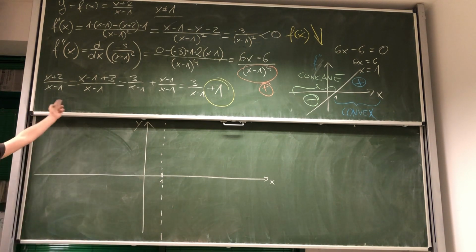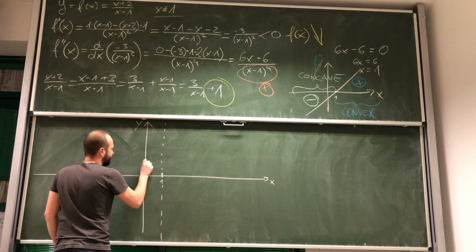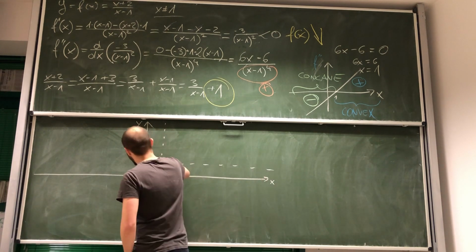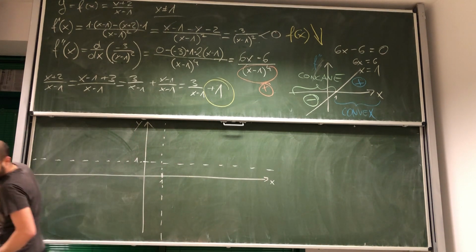And also, we've established that we will have another one at 1, but this time on y. So these two asymptotes will help us draw this function.